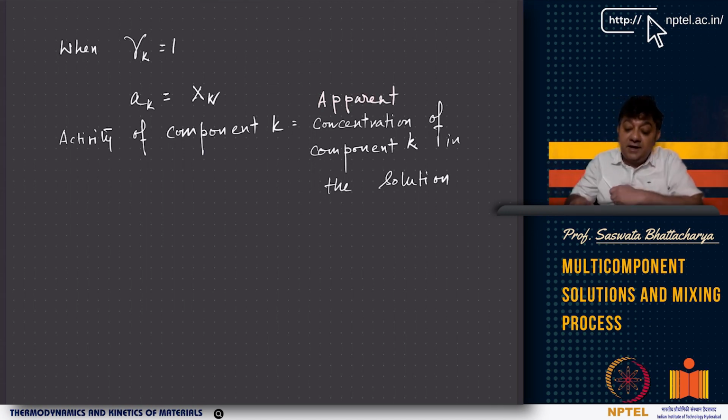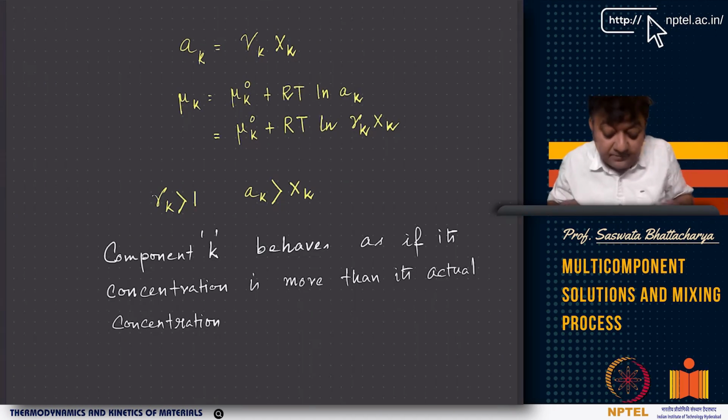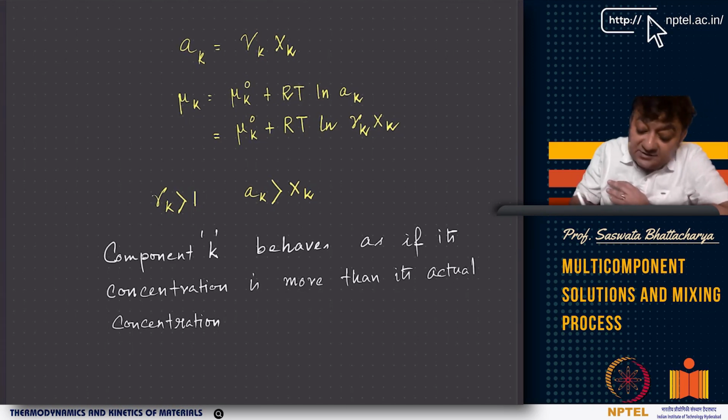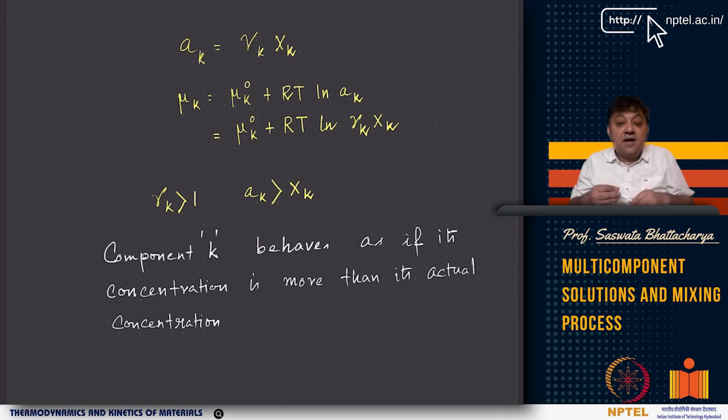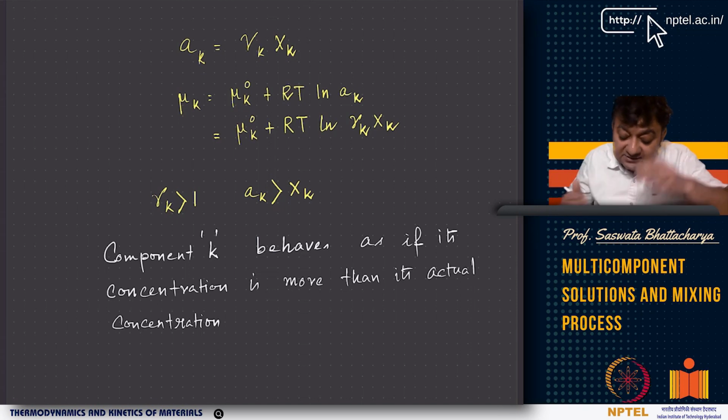Now, as you know, aK equals gamma K xk, and mu K can be written as mu K0 plus RT ln aK, which is mu K0 plus RT ln gamma K xk.